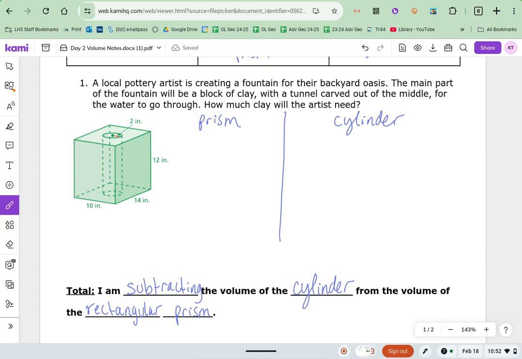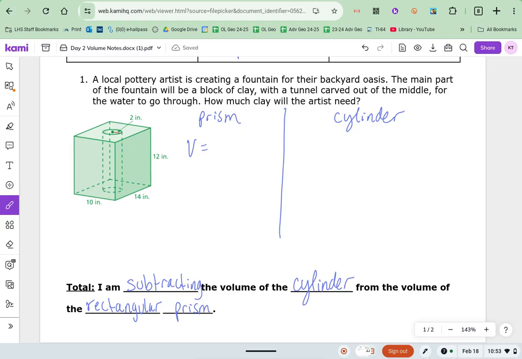Okay, so looking at your formula chart, go ahead and find the volume for a prism. What do you guys see? Volume equals, yeah, capital B base times height. So capital B is the area of the base. The base shape of a rectangular prism is a rectangle, so let's let the bottom of this rectangular prism be our base.